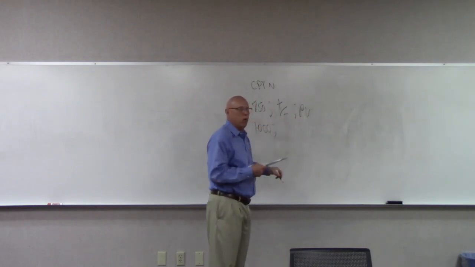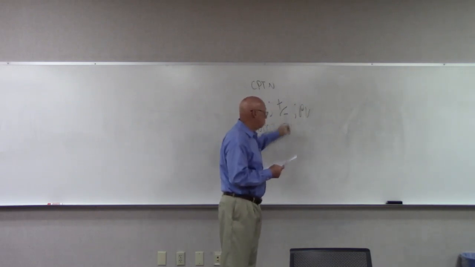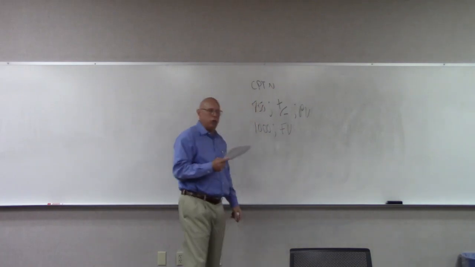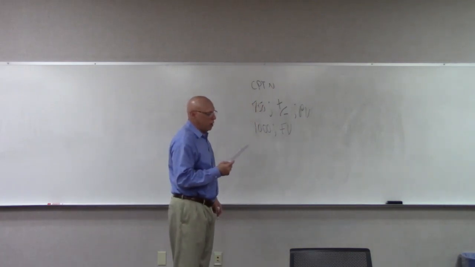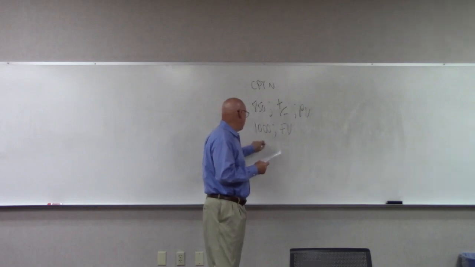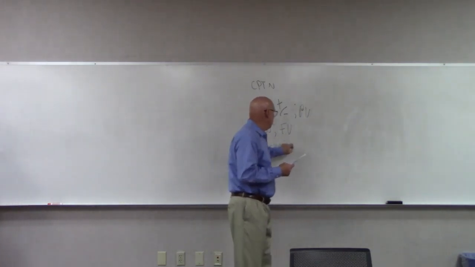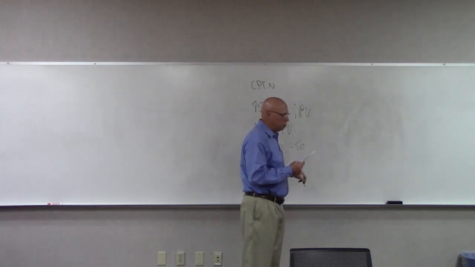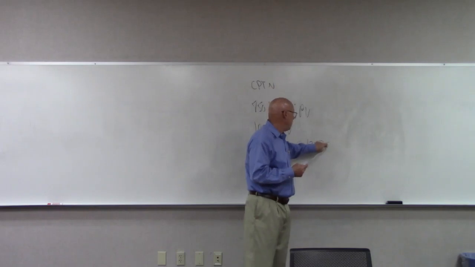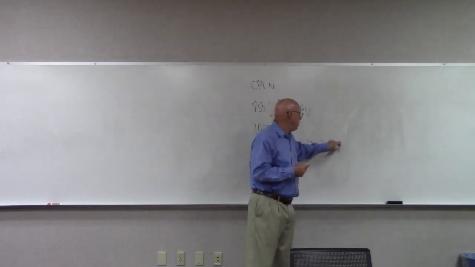Always include that 1,000 future value, even though it's not listed, you know you're getting that back. Coupon rate of 5%, 0.05 times 1,000 equals $50. Pay semi-annually, divided by 2, 25 is your payment.